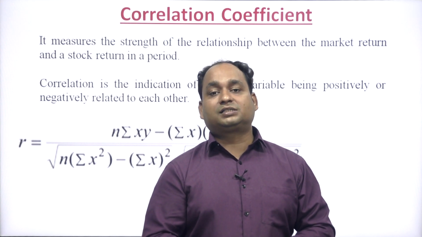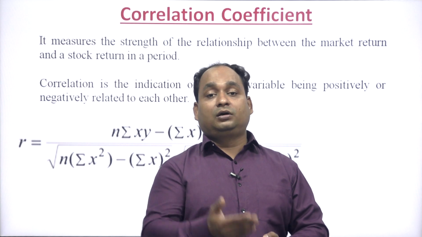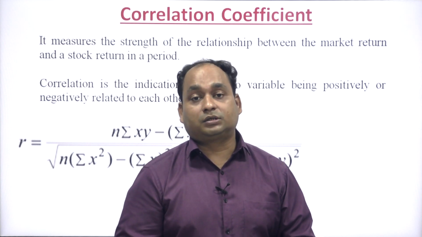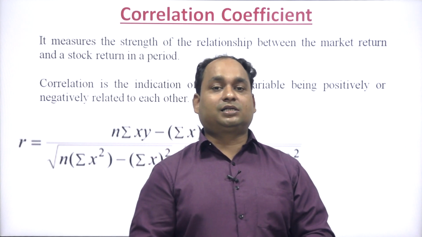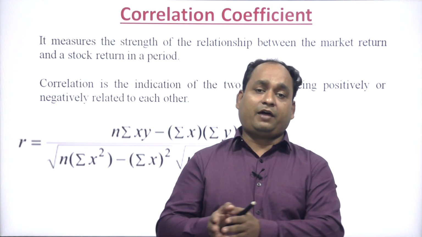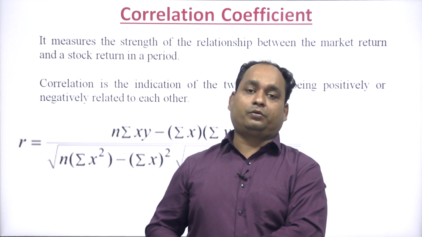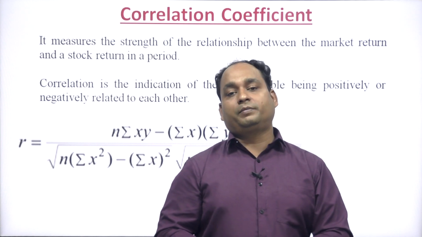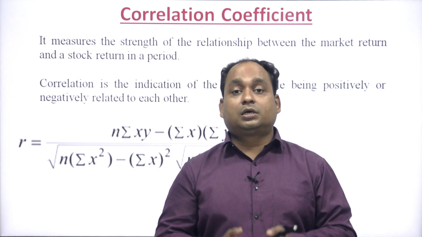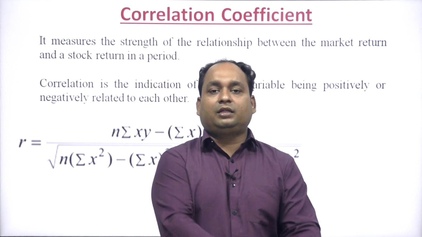The market has recovered from 26,000 and has now crossed near about the 39,000 mark, I am talking about the BSE Sensex, whereas the stocks of various companies that fell when the market fell have not recovered as the market has. So, it shows the relationship between the stock and the market.